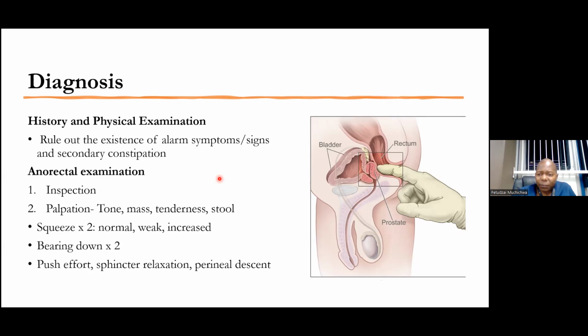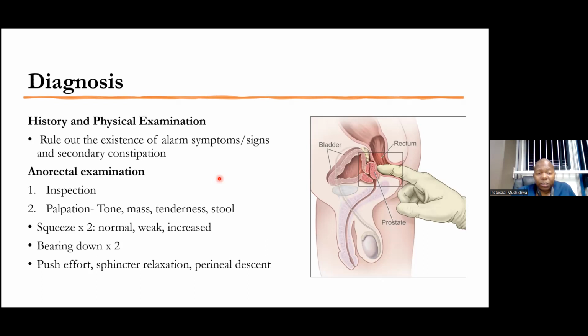In terms of alarm features, we're looking at age above 50, patients with anemia, patients with GI bleed, significant weight loss, palpable abdominopelvic masses, and patients with a family history of colorectal cancer. Also, patients with a history or family history of inflammatory bowel disease.